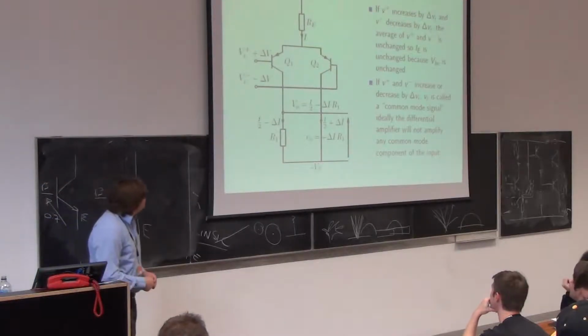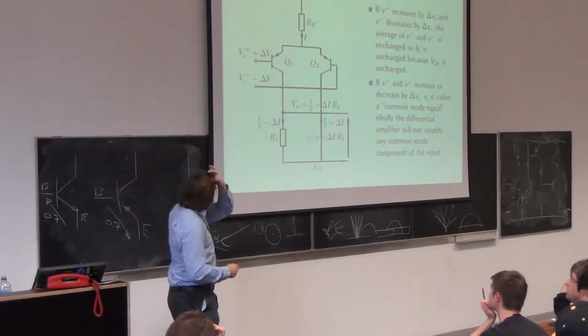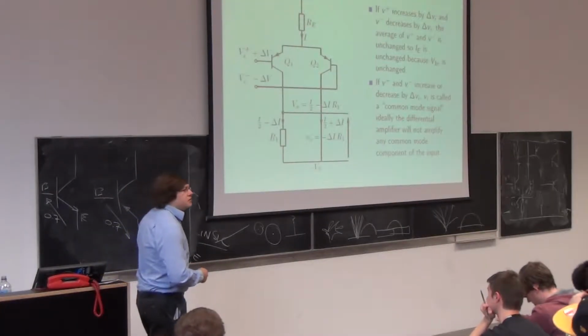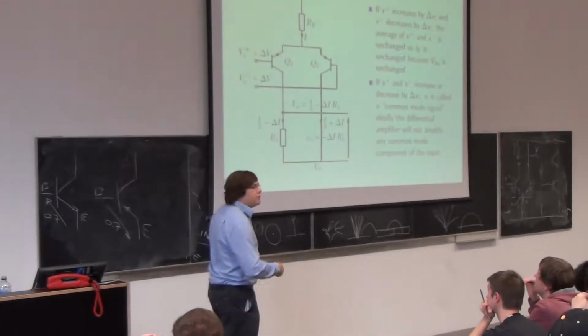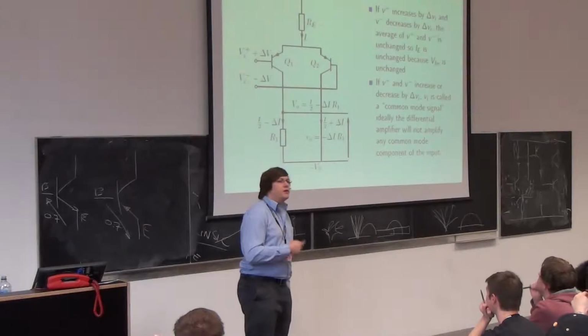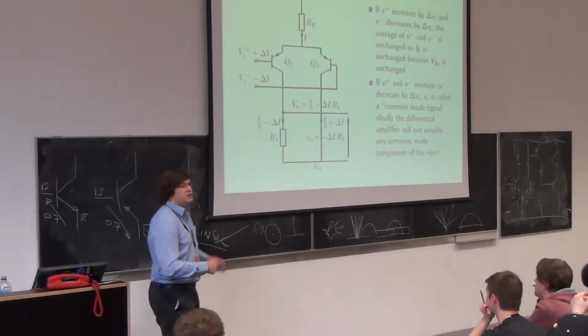So if we look now just at the initial part, the differential amplifier, and we will look at a differential mode signal. So they're not going up and down together. When one goes up, the other one goes down. Or at the very least, when one goes up, the other one doesn't change. So there's a difference, because it's the difference we're going to amplify.